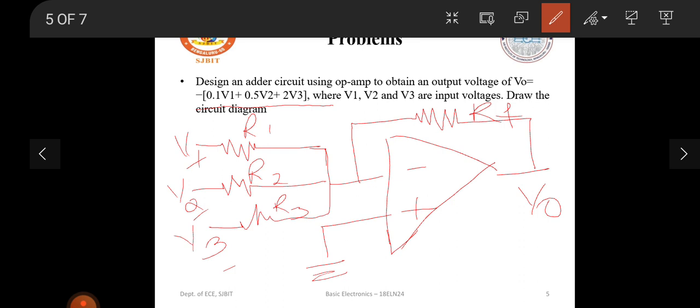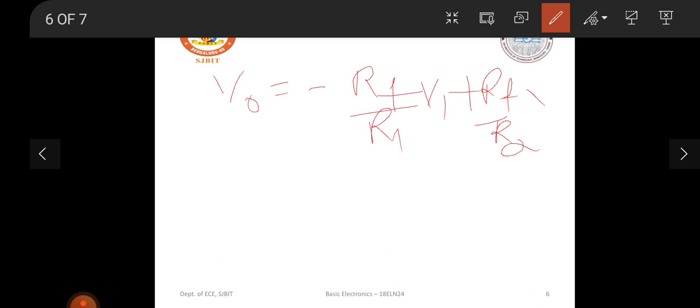We have a standard expression for the inverting adder: V0 equals minus of RF by R1 into V1 plus RF by R2 into V2 plus RF by R3 into V3.